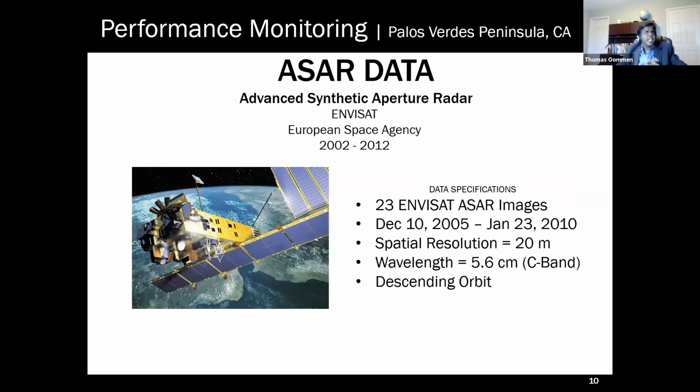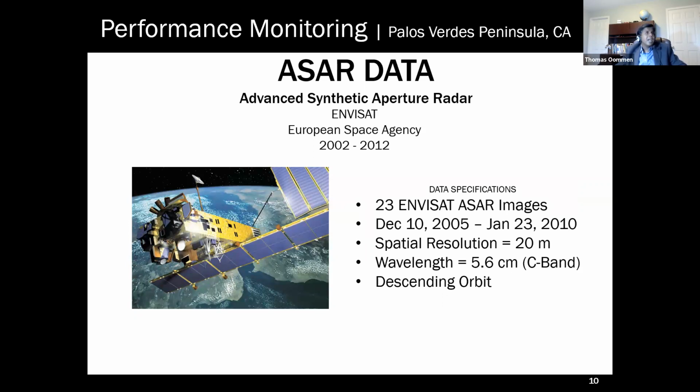In the first example, we used the ASAR data, from the Advanced Synthetic Aperture Radar, from a satellite called Envisat, which is from the European Space Agency.